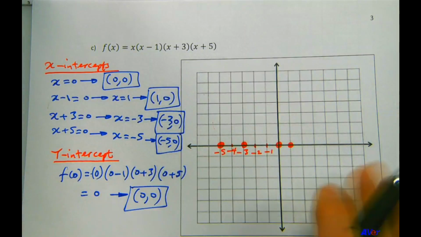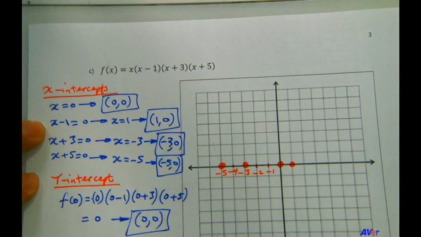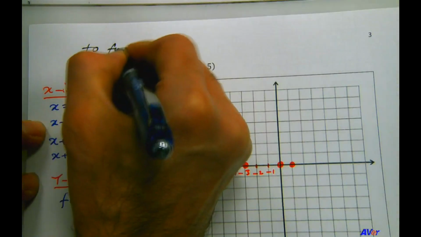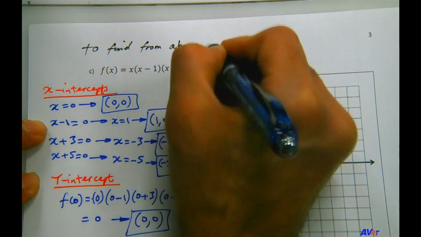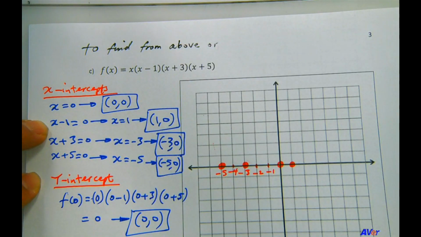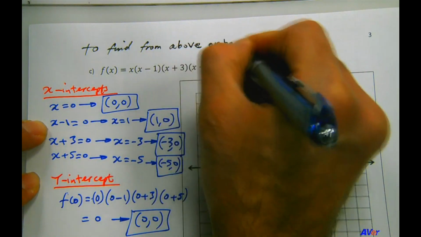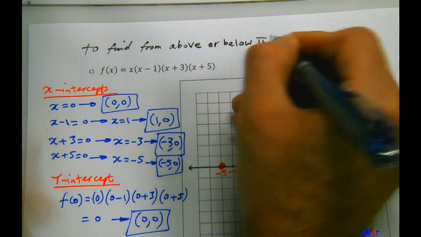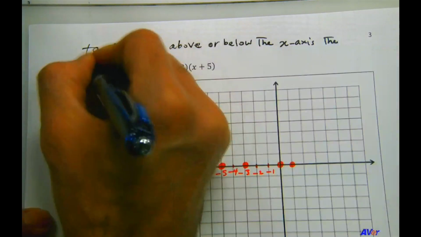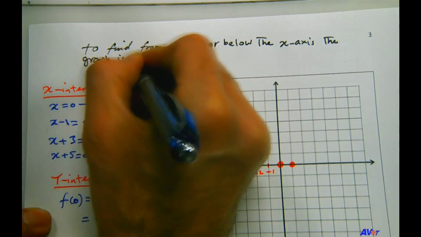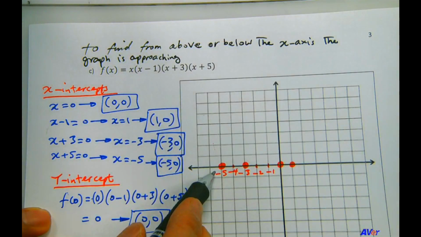Let me actually add that. To find from above or below the x-axis the graph is approaching, let's say, minus 5 comma 0.